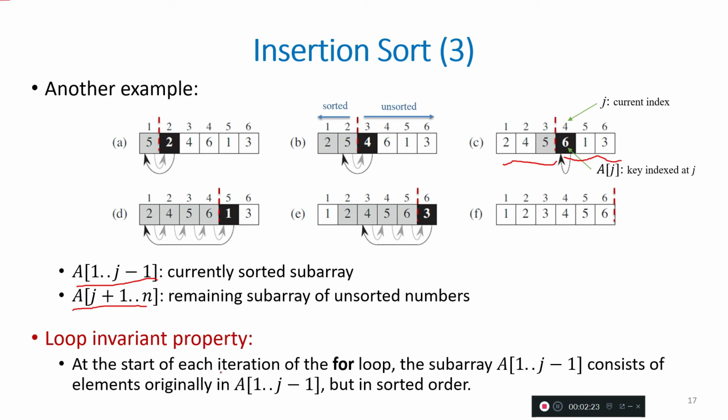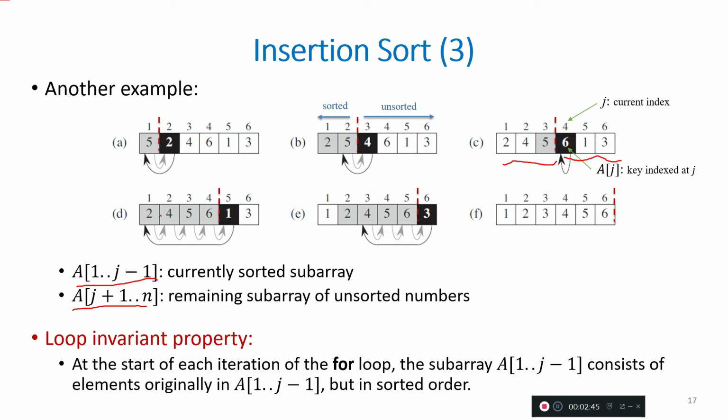So the loop invariant property of this sorting algorithm says that at the beginning of the for loop that we saw in the pseudocode, the sub-array 1 to j minus 1, the gray ones, consists of the elements that were originally in the same places, but now in sorted order.